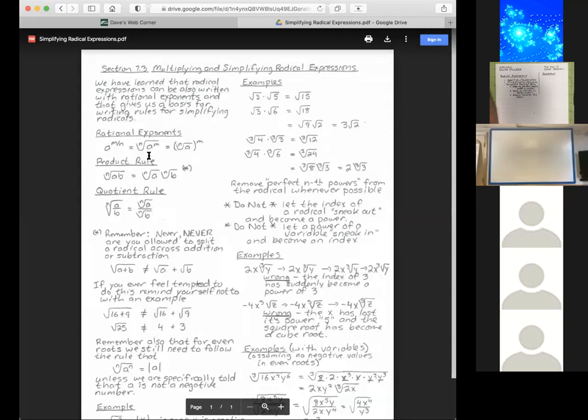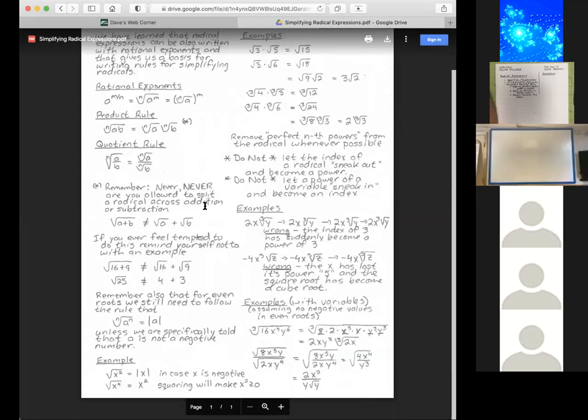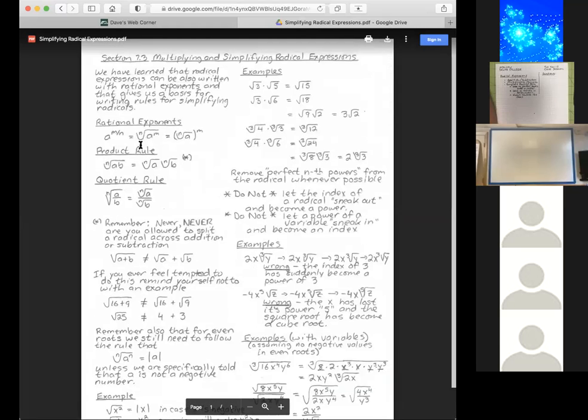I just want to look at the simplifying radical expressions handout, make sure it's what I intended it to be. So these are the basic rules for simplifying radical expressions. You can write powers or roots in either order.